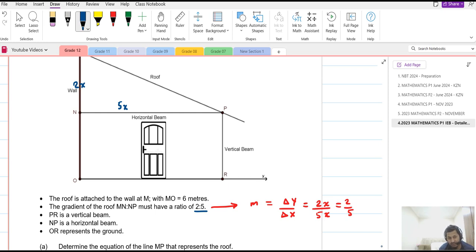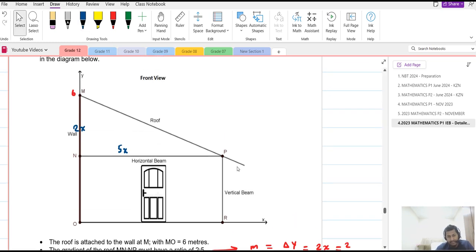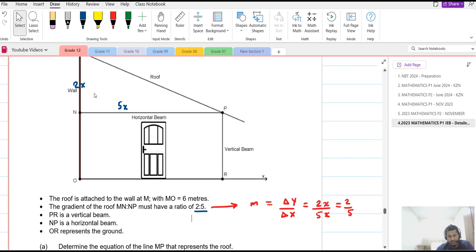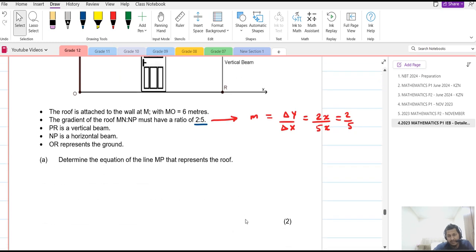You can also have 4 over 10, which still equates to 2 over 5. So the only thing that is certain is that we have the equation of this line: 2 over 5 x plus 6. Determine the equation of line MP that represents the roof. So 2 over 5 x plus 6. Right, that's the equation of MP.